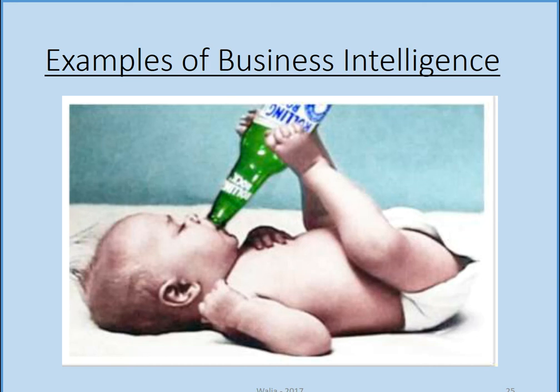The myth is that there was a study done in the UK of retail data of a company similar to Walmart, and they found out that young men under 34, on Saturday afternoon, when they come to a superstore like Walmart, buy beer and diapers together. So these two items were correlated with each other for sales on Saturday afternoon, which is a little puzzling: why would people buy beer and diapers together?